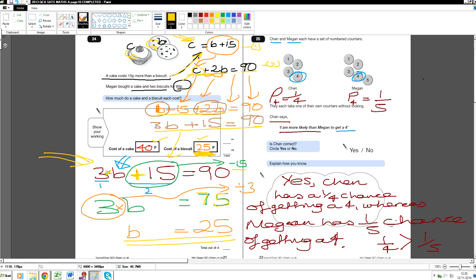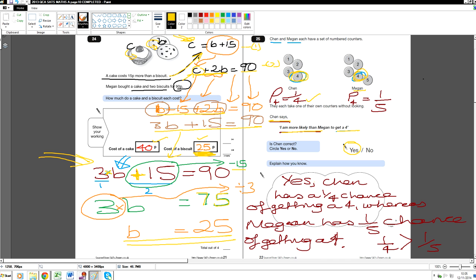Okay, question number 25. Shen and Megan each have a certain number of counters. They each take one of their own counters without looking. So the probability of Shen getting a 4 is going to be 1 out of 4. The probability of Megan getting a 4 is going to be 1 out of 5. Shen says, I am more likely than Megan to get a 4. Is she correct? You forgot to circle the yes.